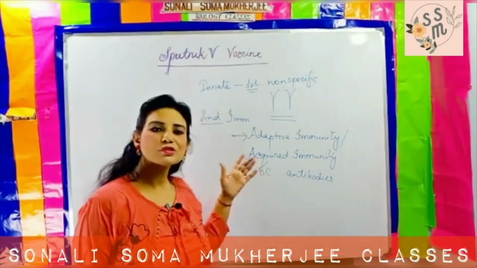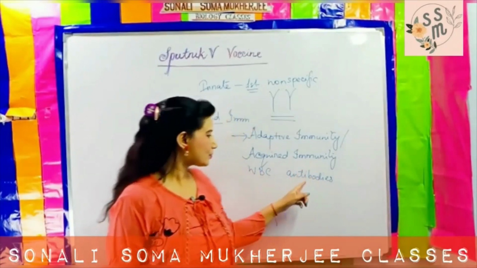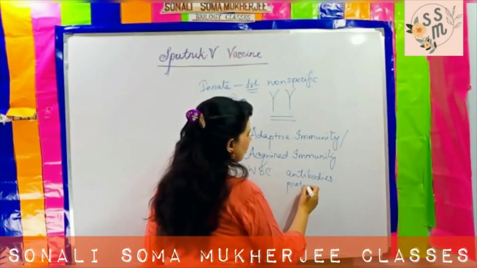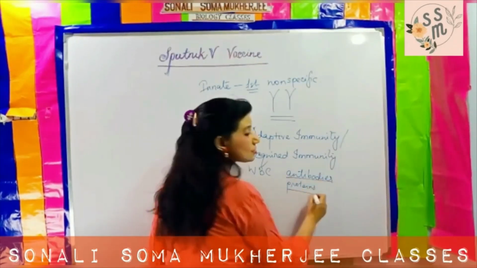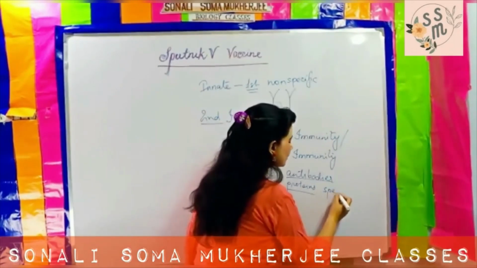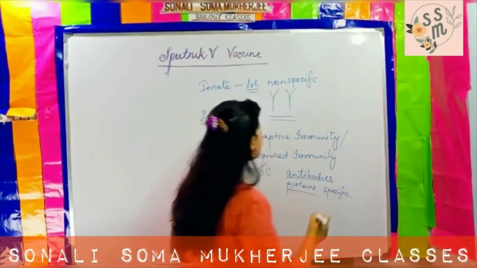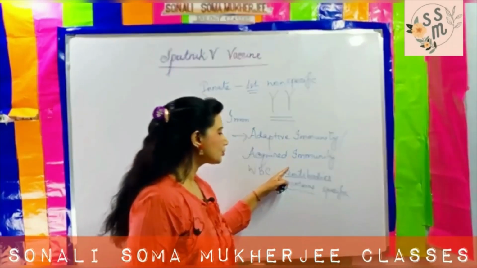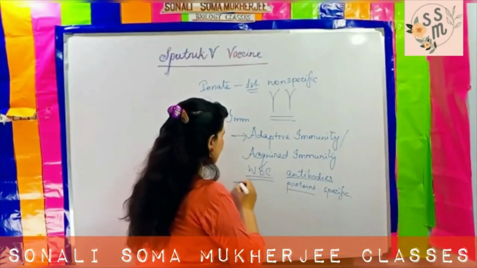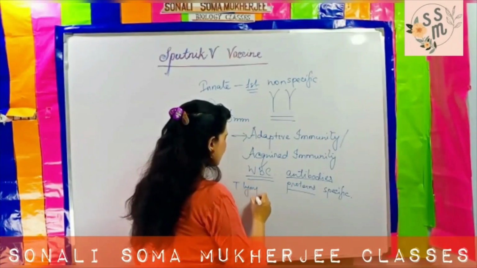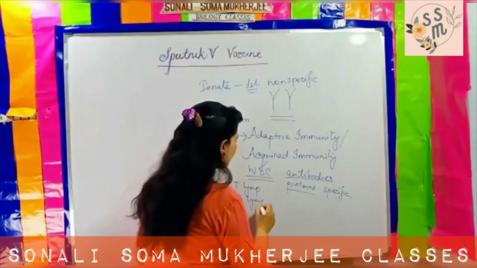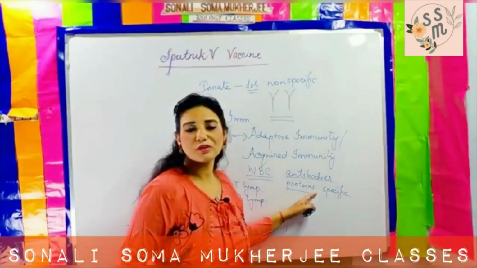Here the cells are very specific in their function, and antibodies, which are also proteins, act specifically. Adaptive immunity is conducted by the WBCs, the T lymphocytes and the B lymphocytes, B cells and T cells we call them. And here the function is very specific.